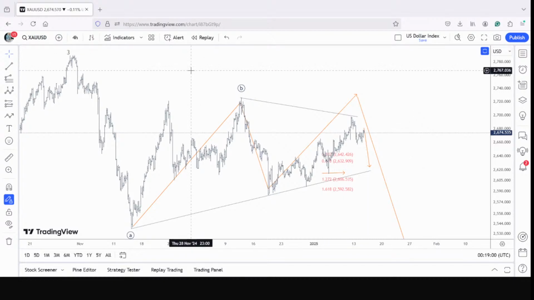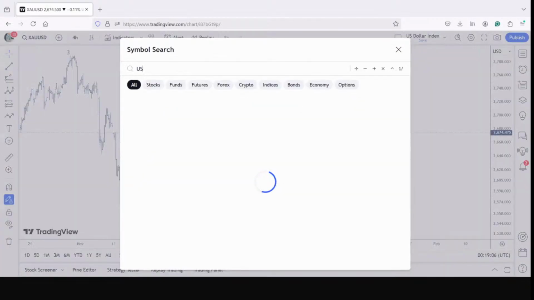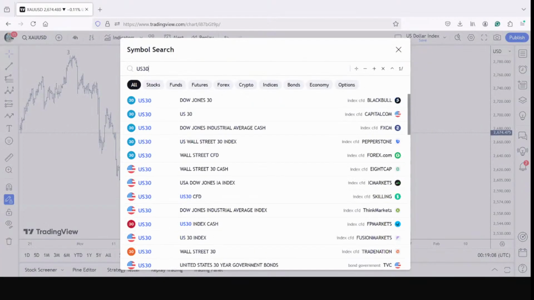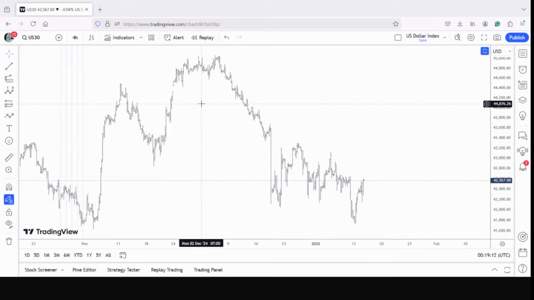So gold is also quite a bit on track, and let's touch base with the dollar, with Dow Jones, followed by coins. Okay, the Dow Jones also no change there.